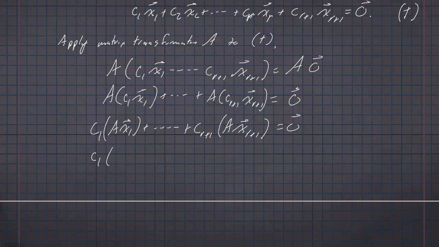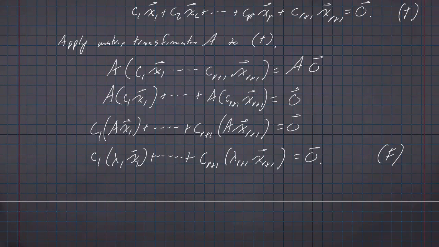So this is C1 times lambda 1 x1, C2 times lambda 2 x2, all the way to C r plus 1 times lambda r plus 1 times x r plus 1. All right, that's also going to be a useful equation for us in a little bit. So I'm going to go ahead and name that as double dagger. Now, before equation dagger gets off the screen, I want to do something else with it.